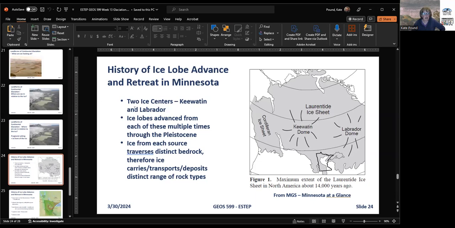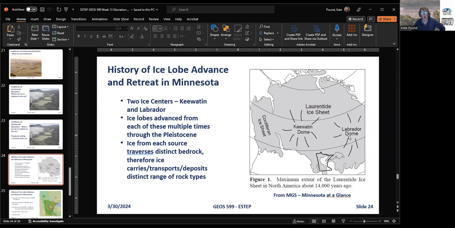So if we move over to the left, we have our two ice centers, the Keewatin and Labrador domes or ice centers. And throughout the Pleistocene, ice lobes advanced from each of these centers. Well, and look at this, guess what? Minnesota is just amazingly located.